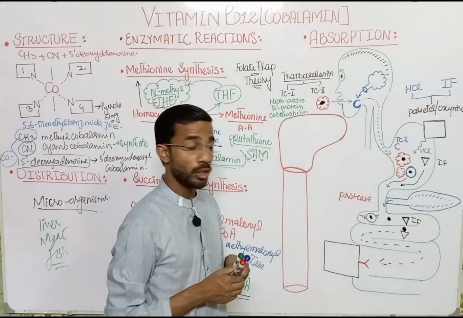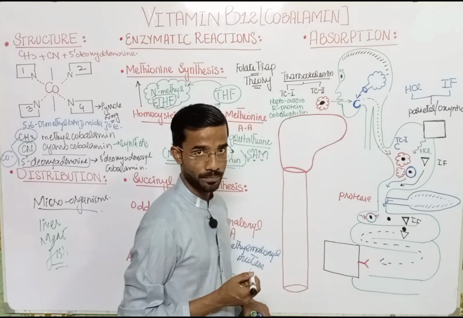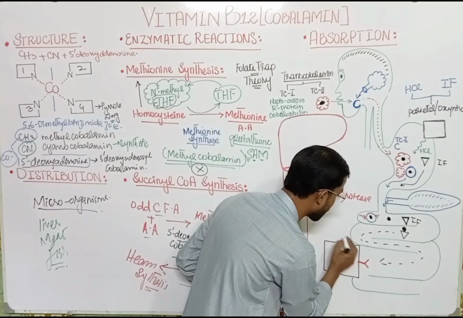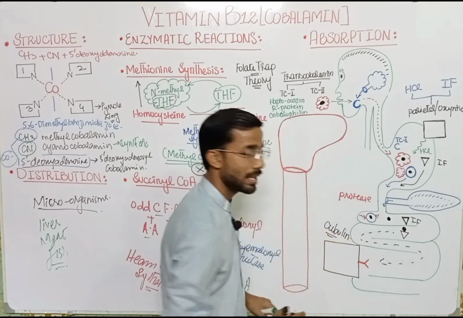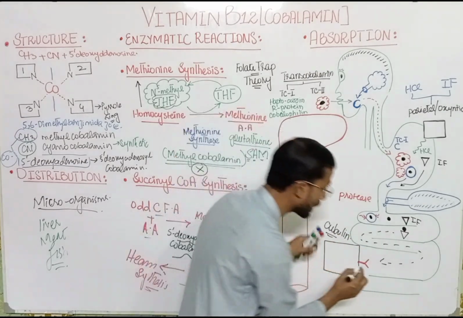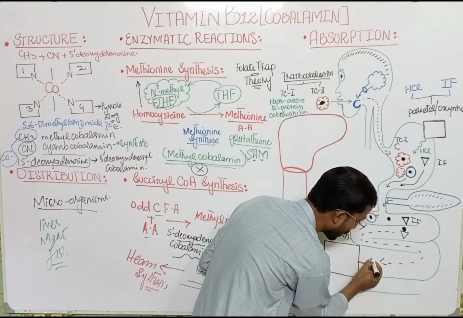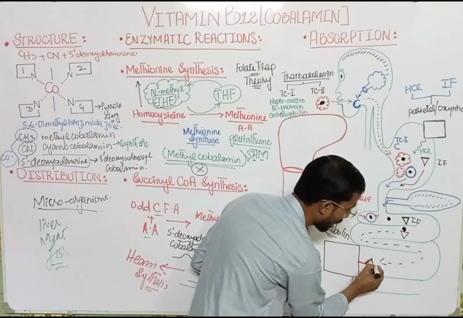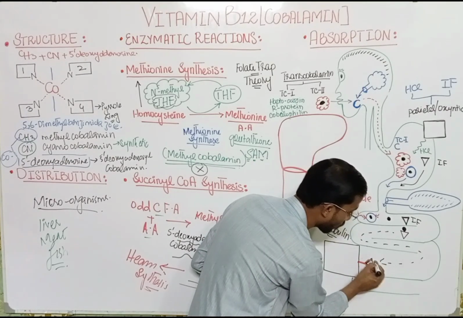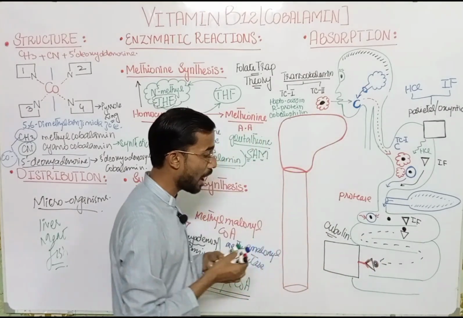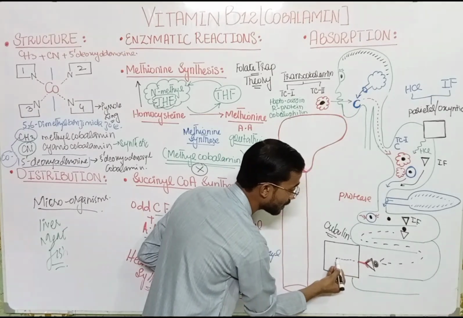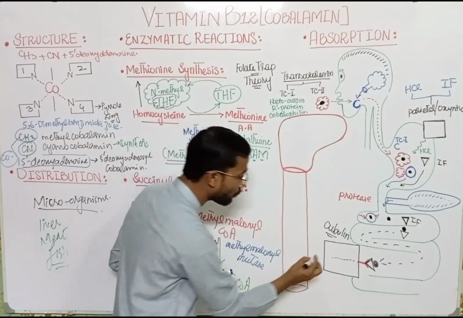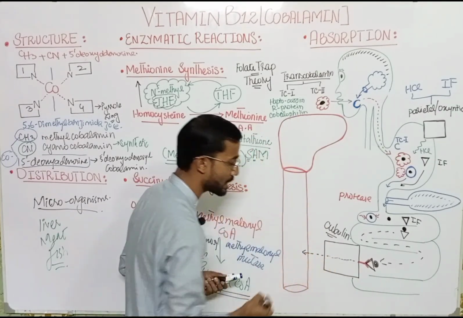In the ileum, you will see a receptor, and this receptor is called cubilin. This cubilin receptor attaches the intrinsic factor along with the cobalamin. Now this cobalamin will move through the enterocyte and finally reach the blood circulation.